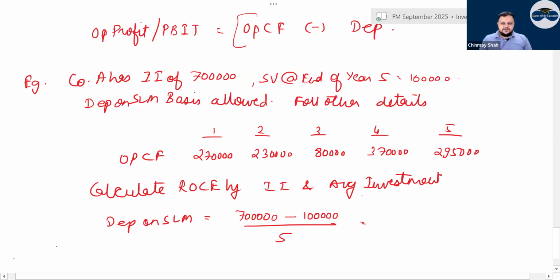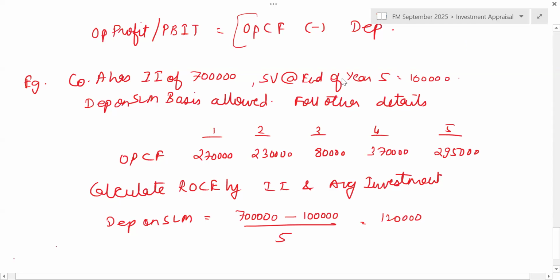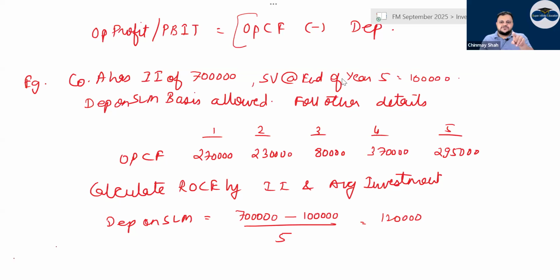How much is this? 120,000. Every year depreciation is 120, 120, 120, 120. If you deduct depreciation from cash flow every year, will you get operating profit or PBIT?